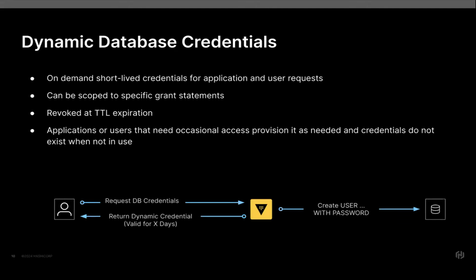And that would be dynamic, right? So for example, if I request another credential, I'm going to get a different username, a different password, and so on and so forth, right? Those dynamic credentials have an expiration, meaning, for example, after an hour, those credentials will not be valid anymore, right? So you can renew them if you want, right?